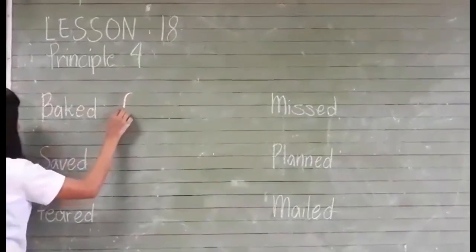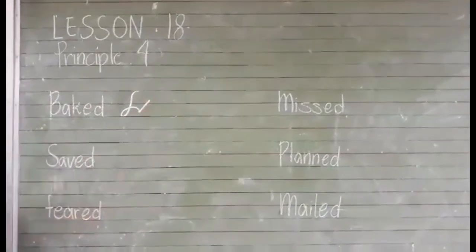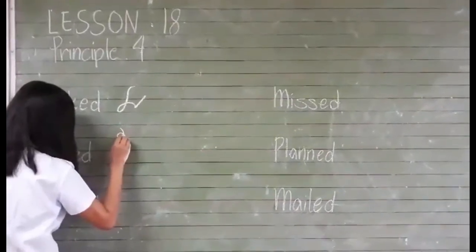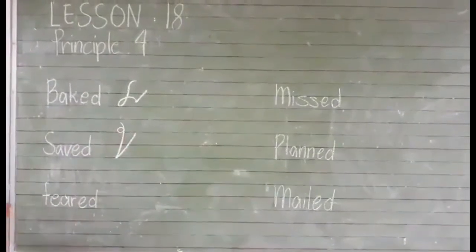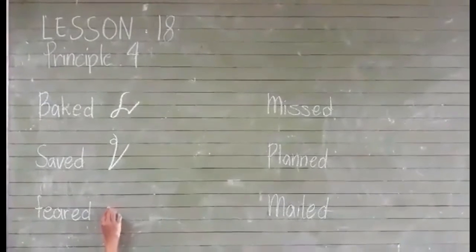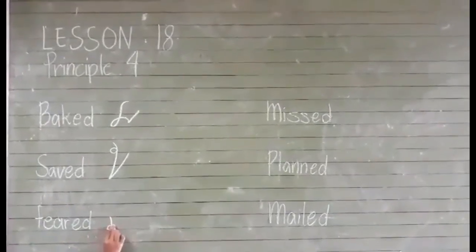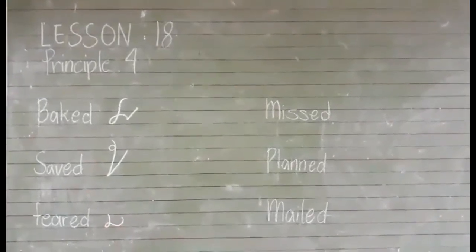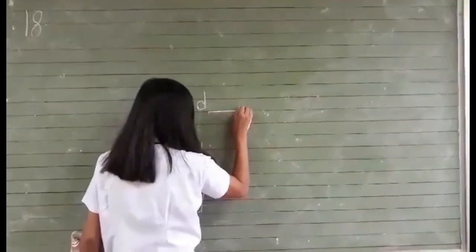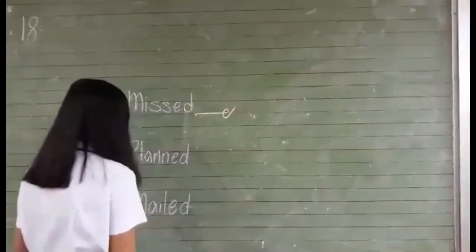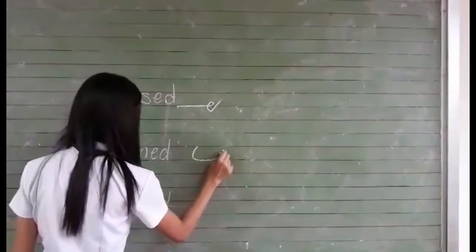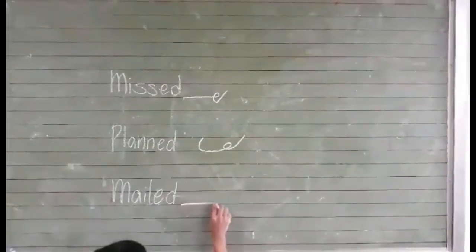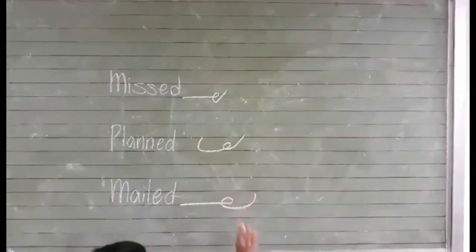It is represented by B, A, K, and T. Save, represented by S, A, V, and D. Feared, represented by F, E, R, and D. Missed, represented by M, E, S, and T. The next is planned, represented by P, L, A, and D. And the last word is mailed, represented by M, A, and LD.